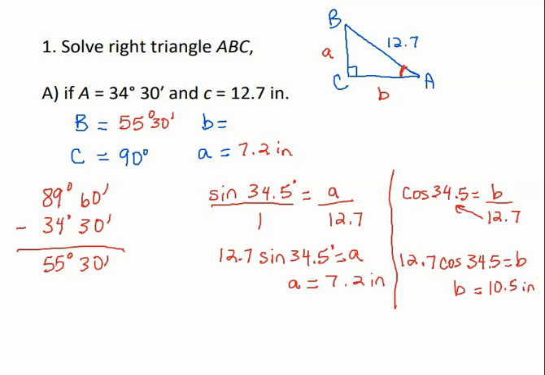And so side B is 10.5 inches. And now, since we have all three angles and all three sides, we have solved this right triangle.